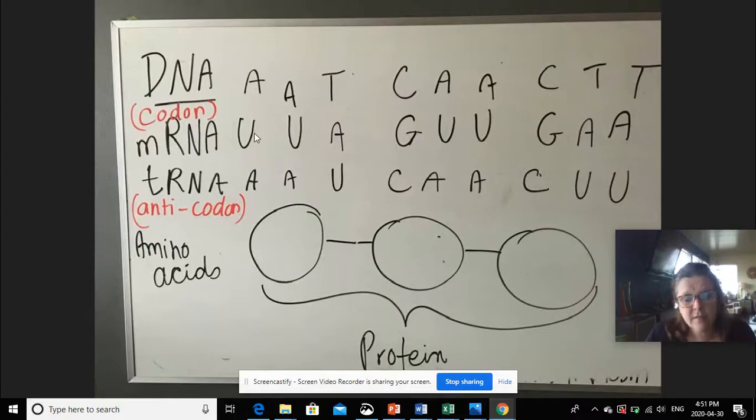So the A becomes U, the T becomes A, the C pairs up with G, A to U again, C to G, and T to A again.